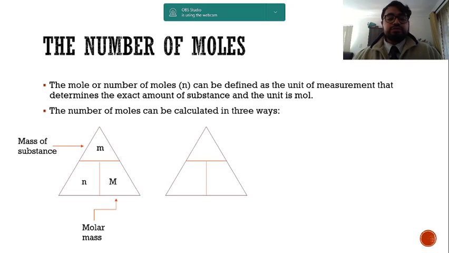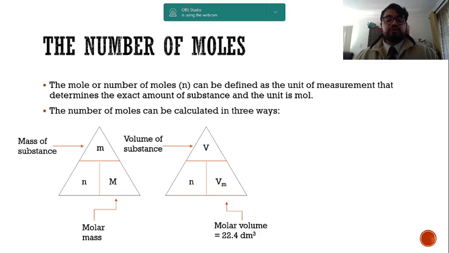Number two is number of moles equals volume over molar volume. V is the volume of the substance. V subscript M is the molar volume at STP.